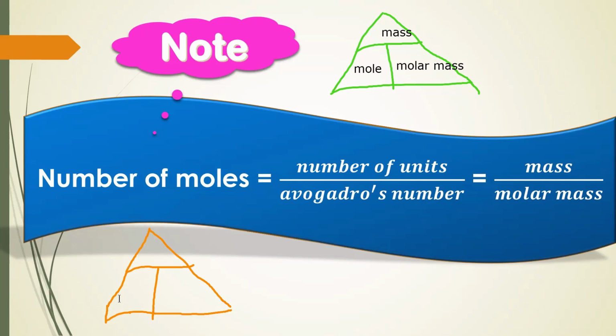As usual, here we will add the mole. Here you will add the number of units. And here we'll add Avogadro's number.